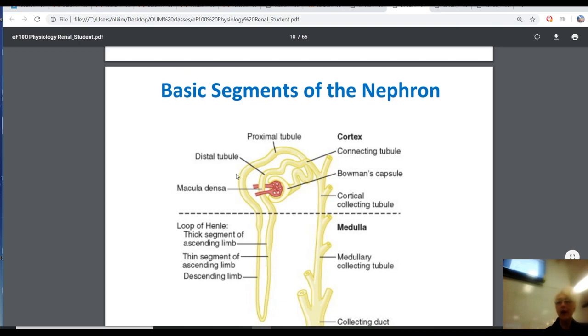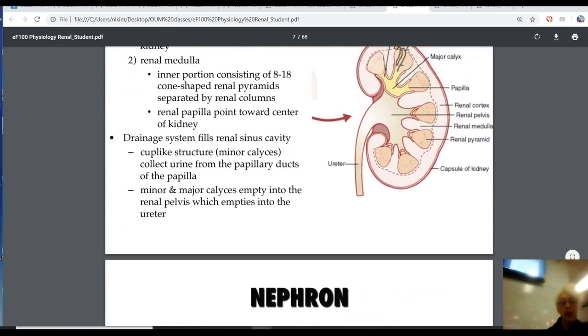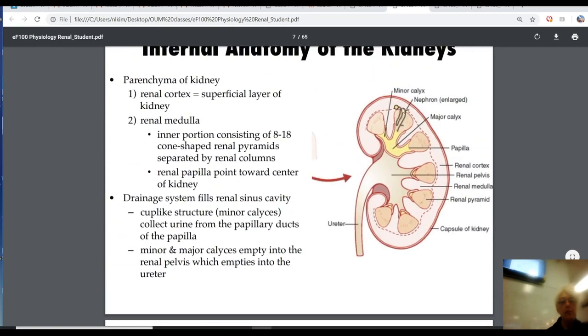So if we go back to this particular video, or a handout slide, this is one nephron. Because this nephron is so close to the juxtaglomerular line, this would be considered a juxtaglomerular nephron. The ones that sit higher up, like up here, would be your cortical nephrons because they're by the renal cortex.